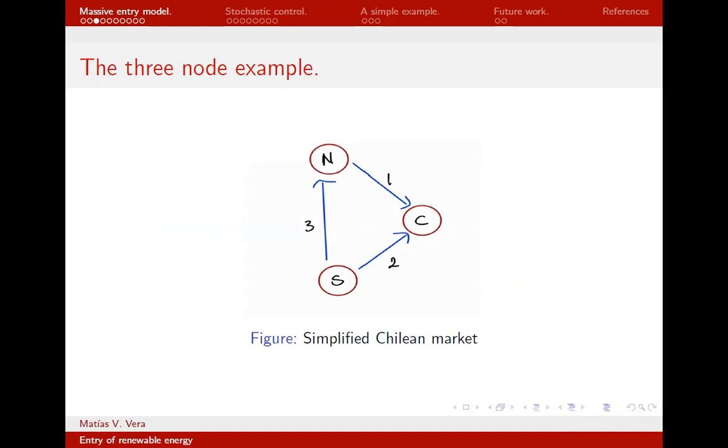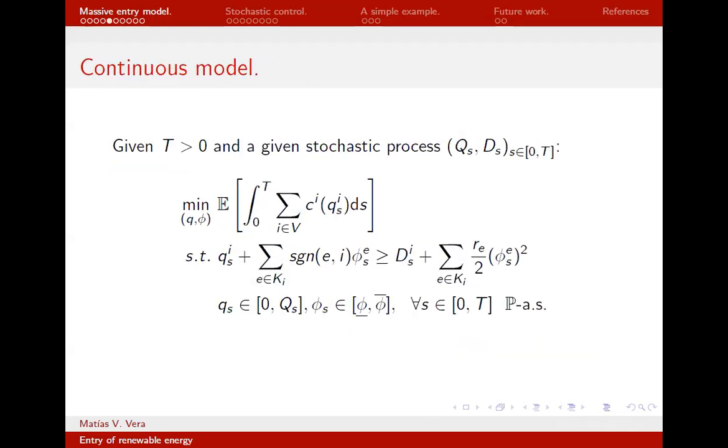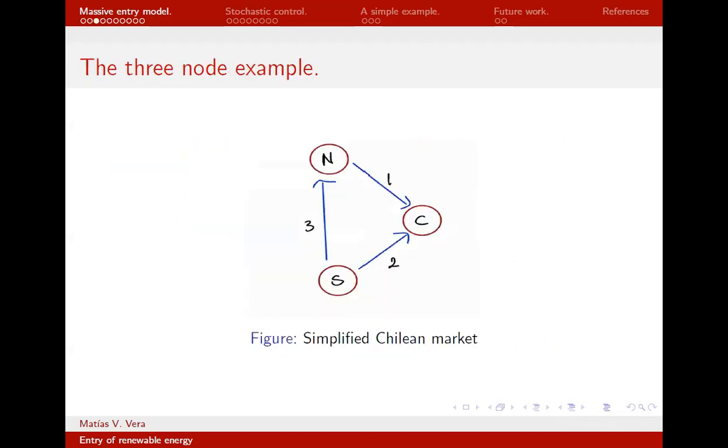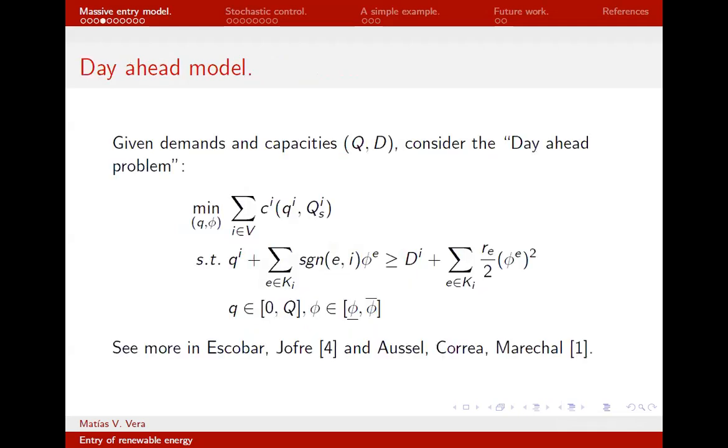You have the most demand here because most of the population is here, but here, because of the mining industry, you also have a lot of demand, but the capacity is mostly here. And here you have low demand and low capacity. This model has been studied in a couple of papers, and even if it's simple, it's a very interesting model, okay?